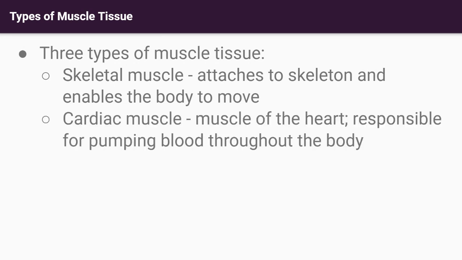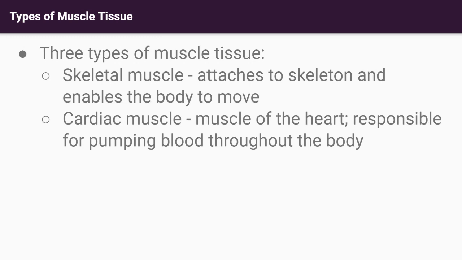Our next type of muscle is cardiac muscle. Cardiac or cardio. You probably know and probably recognize that that's going to be found in the heart. This is what is pumping blood throughout our body. This is the only area of the body where we find it, is in the heart. That's where we find cardiac muscle. Cardiac muscle is involuntary, meaning we have no control over it.